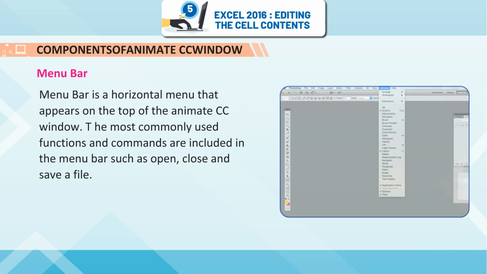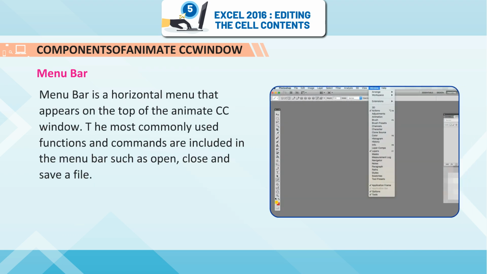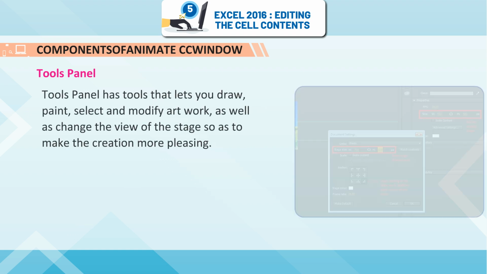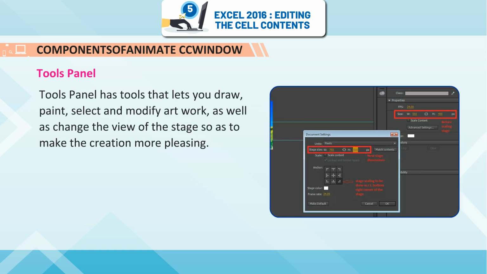Menu bar. Menu bar is a horizontal menu that appears on the top of the Animate CC window. The most commonly used functions and commands are included in the menu bar, such as open, close, and save a file. Tools panel. Tools panel has tools that let you draw, paint, select, and modify artwork, as well as change the view of the stage so as to make the creation more pleasing.